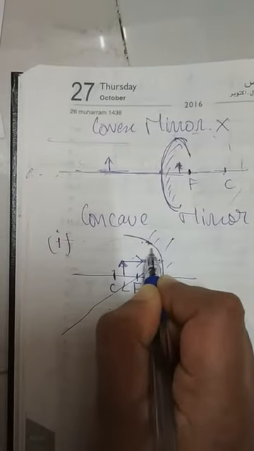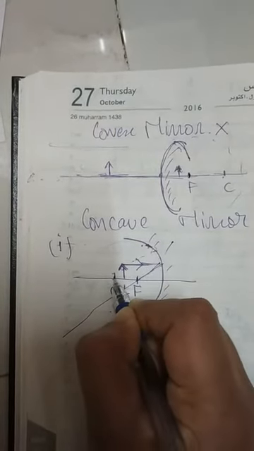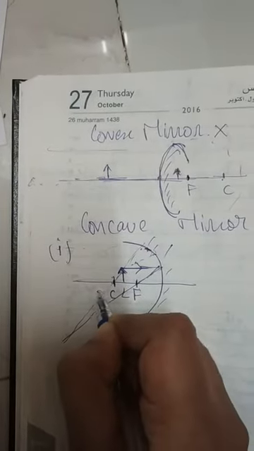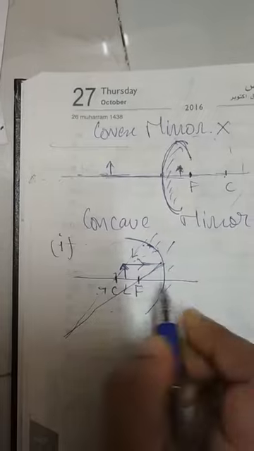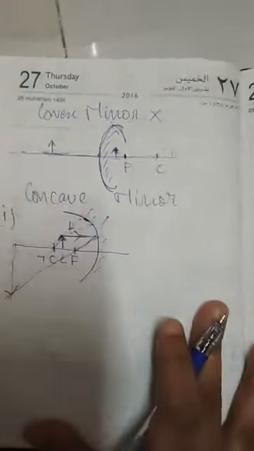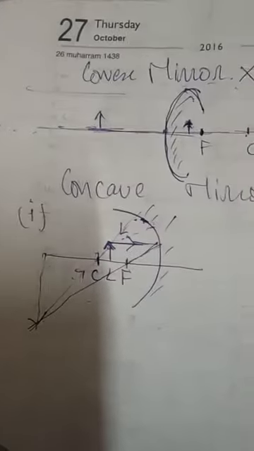Then we have one more ray that is passing through the center of curvature. Then of course you get an inverted and enlarged image, correct? Inverted and enlarged image, no doubt.